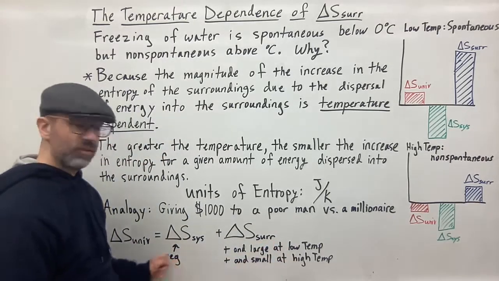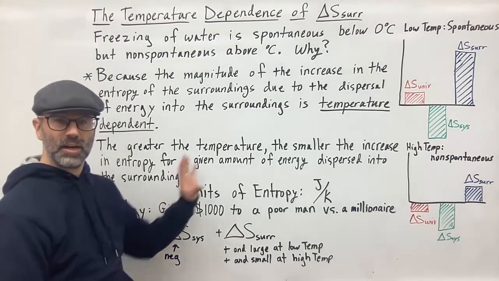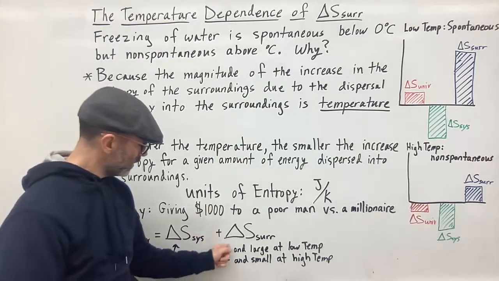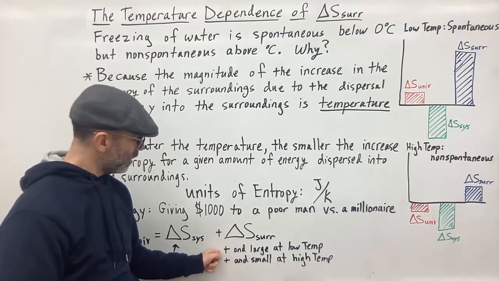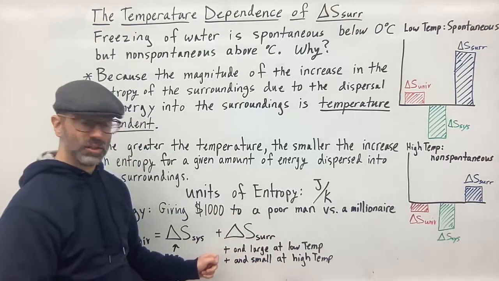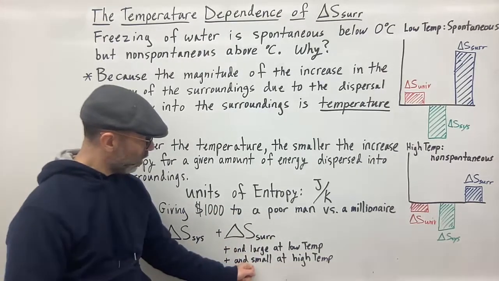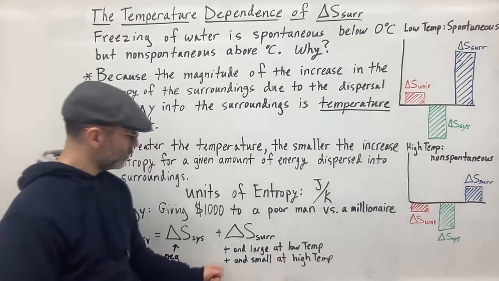Remember, this is an exothermic process. We're releasing heat energy into the surroundings. So that's going to be positive, but it's positive and large at a low temperature, and positive and small at high temperatures.